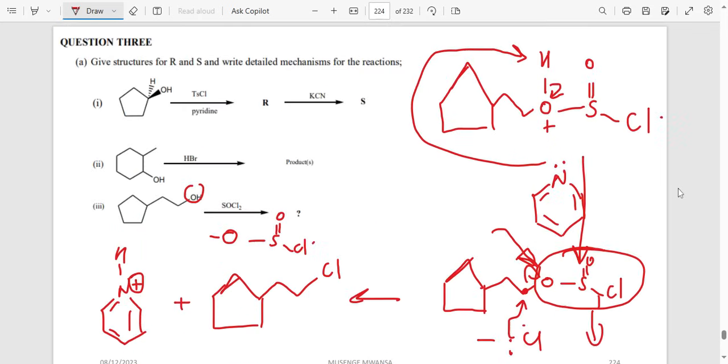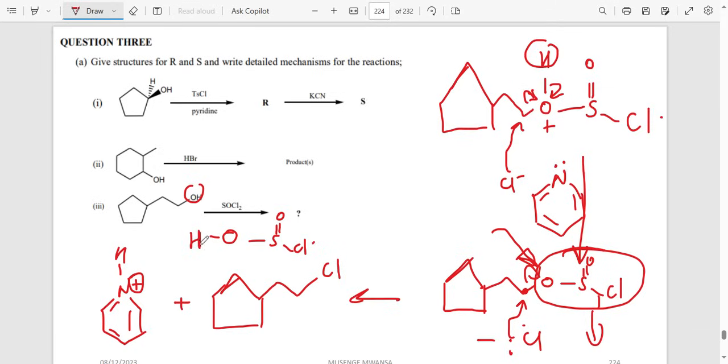Now let me just state again for this mechanism. In some books, you will see they will not grab this proton. Concentrate on it. You are going to see we will not grab this proton. We'll just come direct using our chlorine and attack at this point and then break off this bond, so that the product that is formed is going to have a hydrogen here instead of losing that hydrogen.